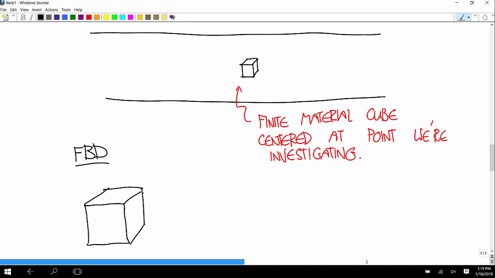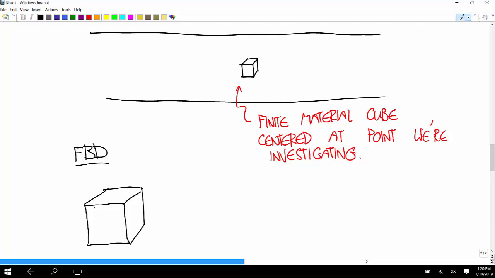How is that loaded? Well, on each face, think about the connection between that cube, which is imaginary because it's just part of the material of the whole thing, and the surrounding material. So in statics, we talked about all the different joint types. What kind of joint is connecting, say, the front face of this cube with the material surrounding it? Fixed joint? Yeah, right.